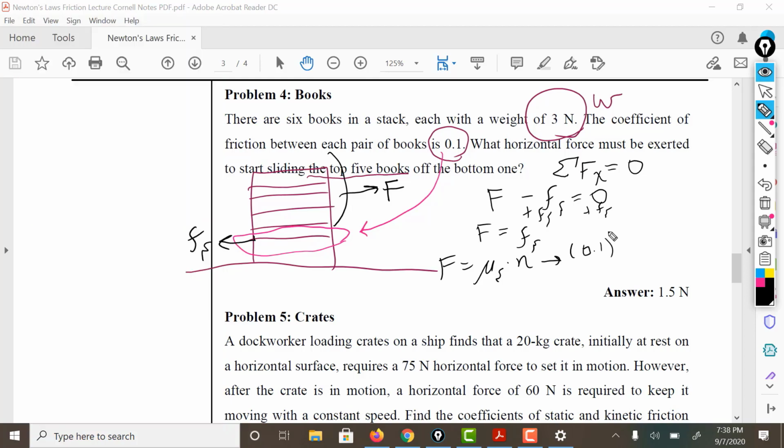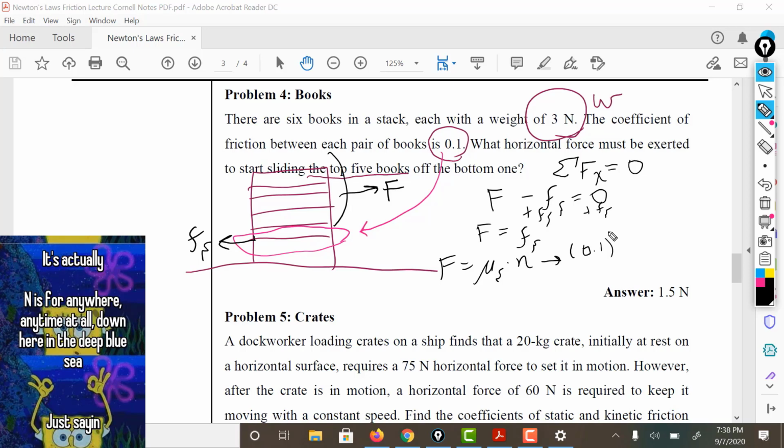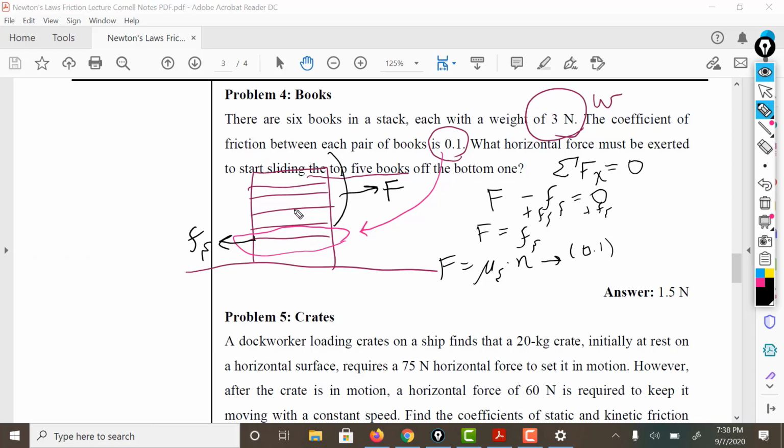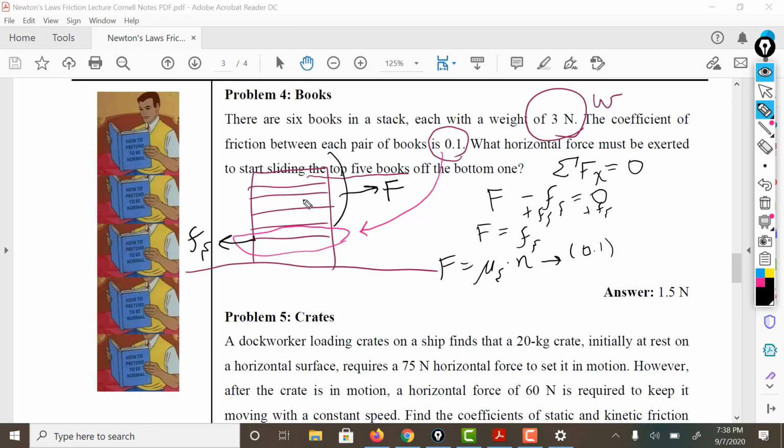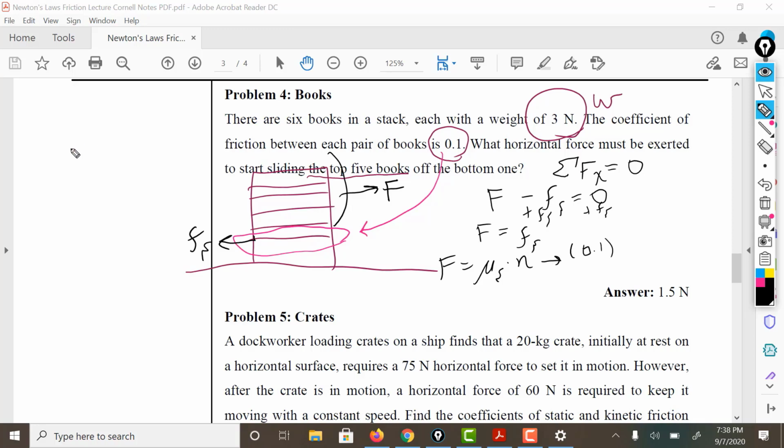The big question becomes, what is the normal force, and in particular, what is the normal force for the top 5 books? Remember, if I had one book, the normal would be the weight. But if I put a book on top of that, it's going to increase the normal. And if I put 5 books total, that's going to increase it further. So the normal for the top 5 books is going to be the 3 newton weight per book times the 5 books.